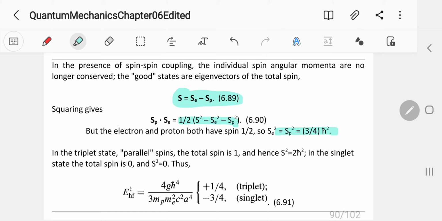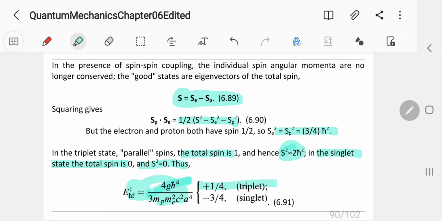In the triplet state, parallel spins, the total spin is 1, and hence your S squared would have to be 2 h bar squared. And in the singlet state, the total spin is 0 and S squared is equal to 0. Thus, your first order correction due to the hyperfine splitting is given by this one.